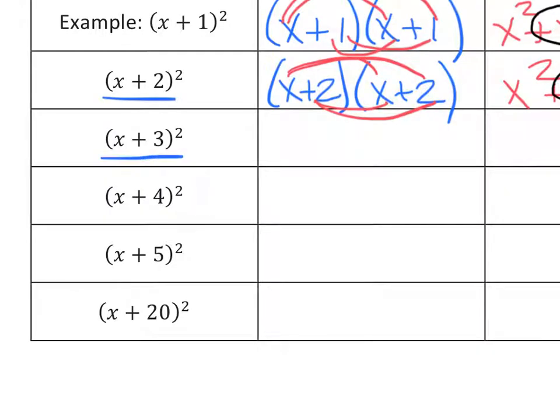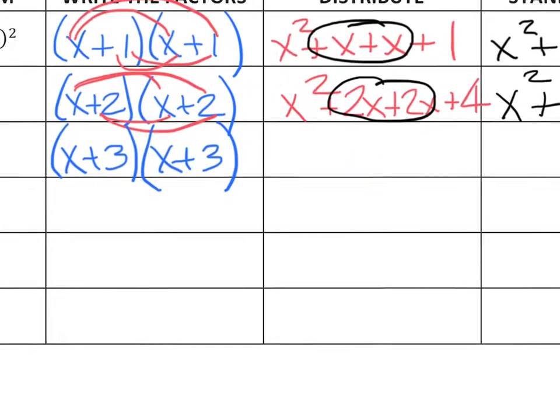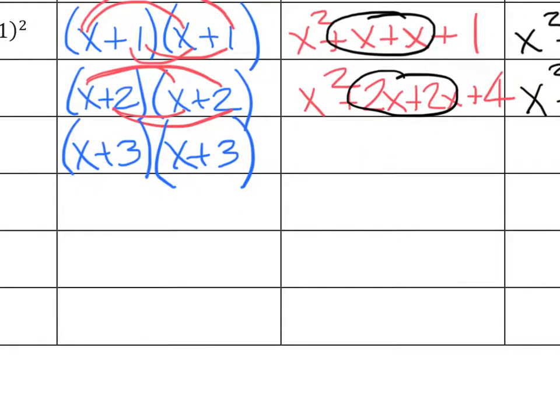Quantity squared of x plus 3. I want to write the factors out. What are the factors? x plus 3, x plus 3. When I multiply them out, what do I come up with? x squared plus 3x plus 3x, 3 times 3, 9.